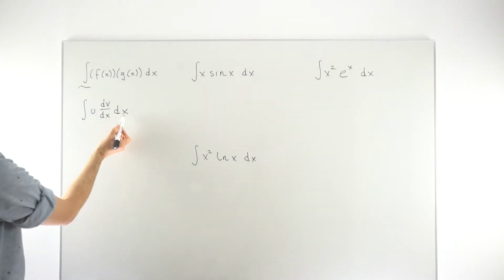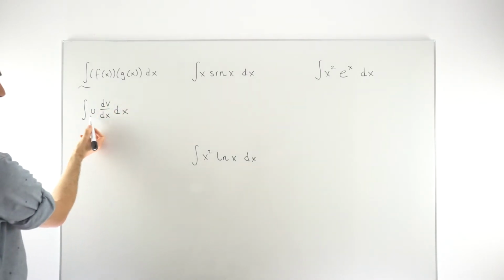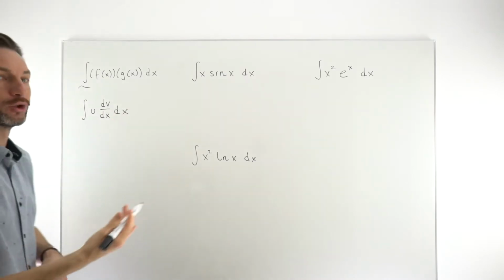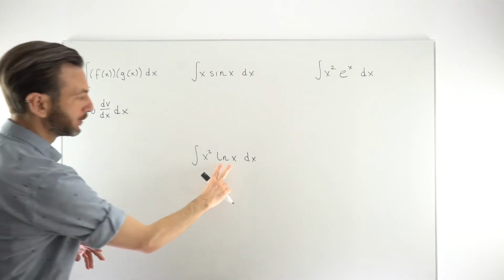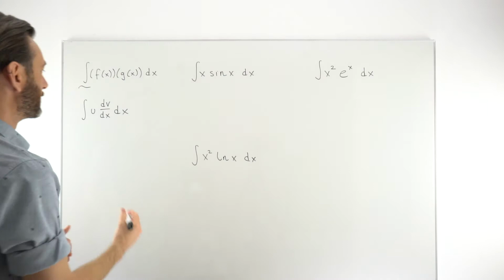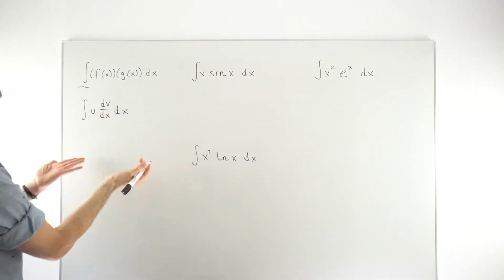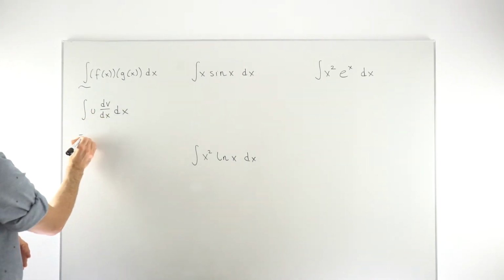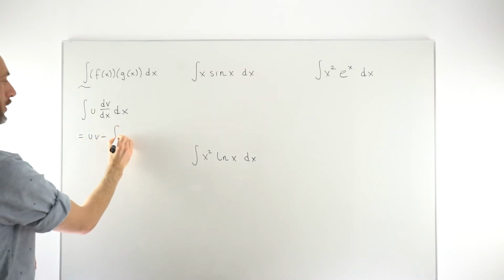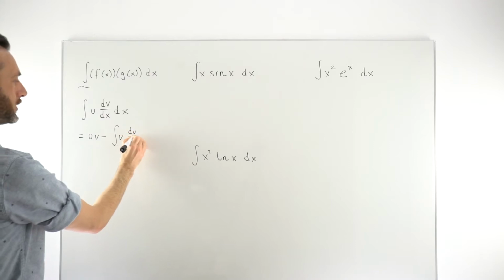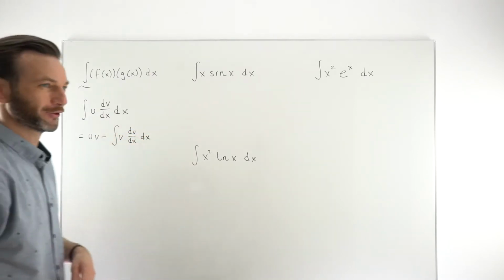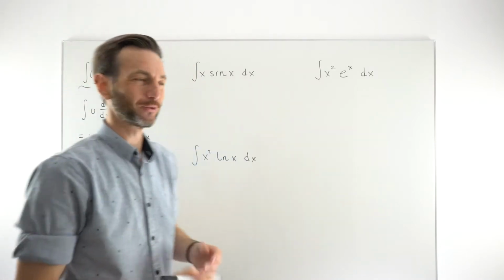The technique says if you have an integral in this form, so some function u times the derivative of some function v, so you're basically assigning one of your two functions to be a derivative already, then the way you would evaluate this is uv minus the integral of v du/dx with respect to x, so dx.